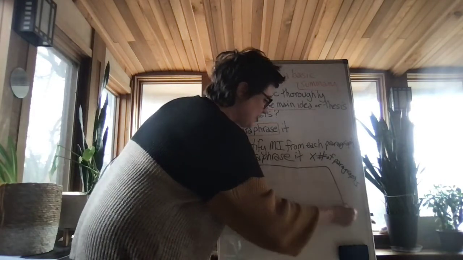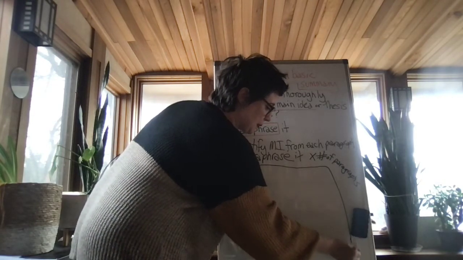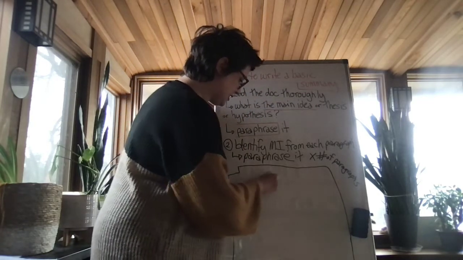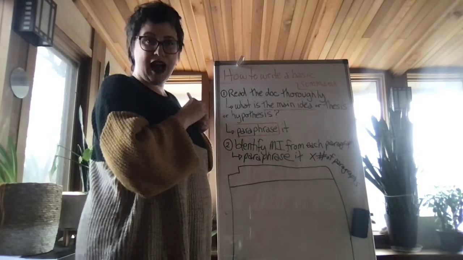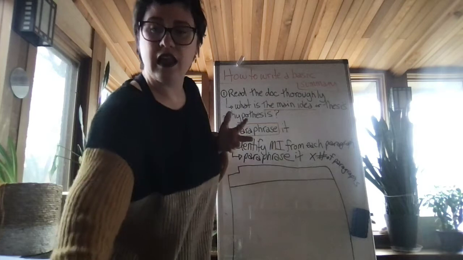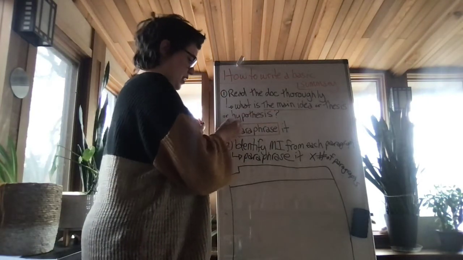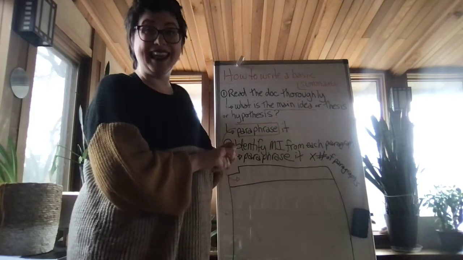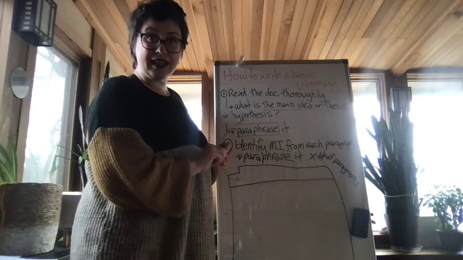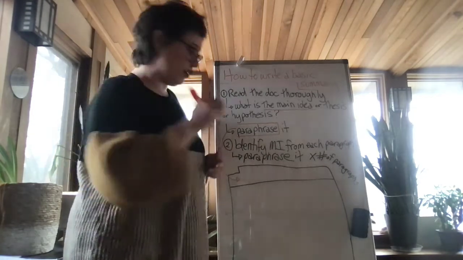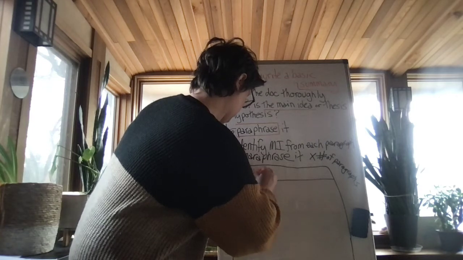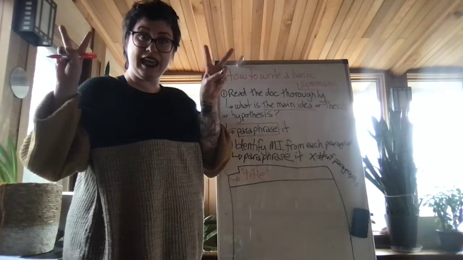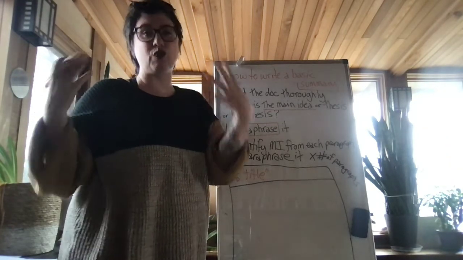Okay, so I want you to imagine that this is your paragraph. The first sentence of your summary is going to be this right here. And you are going to begin this sentence by referencing the title of the document, and that title will be in quotation marks because it is a direct quote.